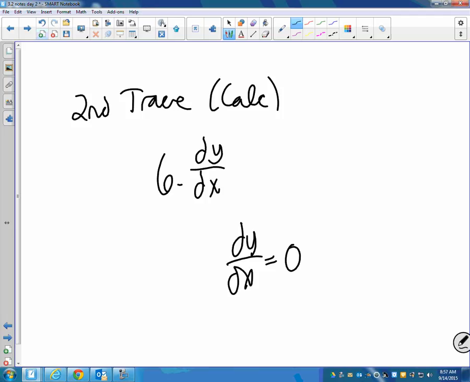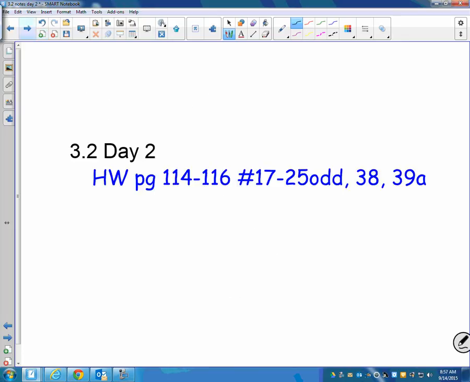Okay? So today's homework should be kind of easy because most of it is using a calculator. And it does say is it differentiable at the point, which means they're going to have you do something that gives you the incorrect answer on purpose, to have you check to see is it differentiable. So you're doing 17 through 25 odd, which are all using your calculator.